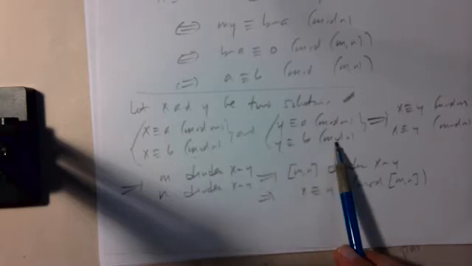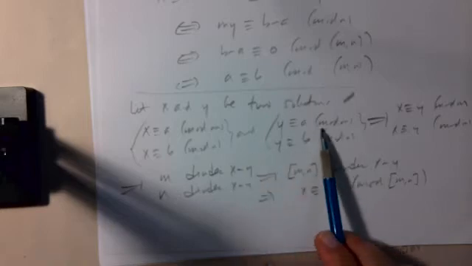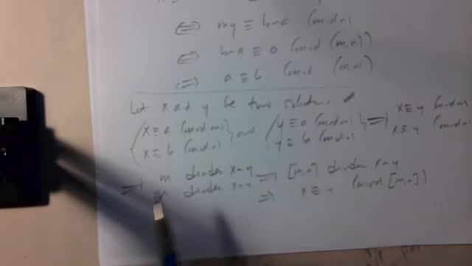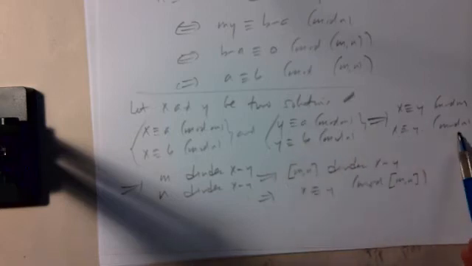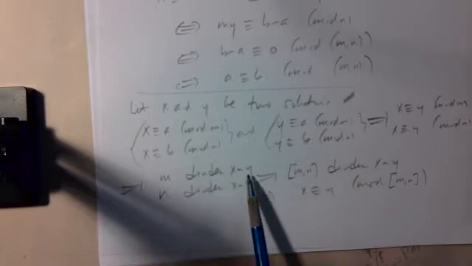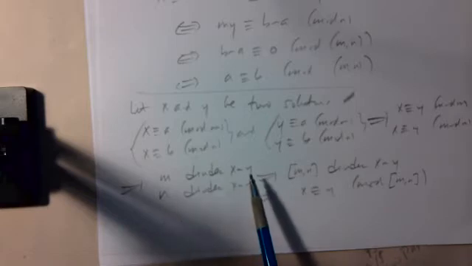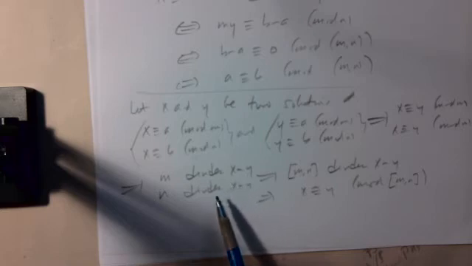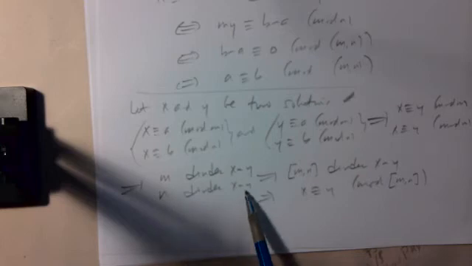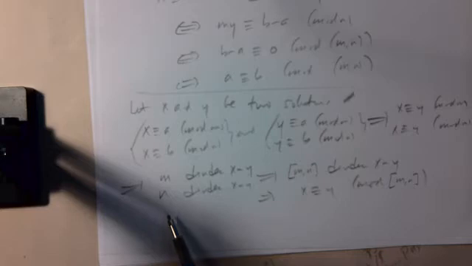So suppose y is another solution of these two congruences. So this says that x is congruent to y mod m, x is congruent to y mod n. This means m and n both divide x minus y. So x minus y is a multiple of m, and x minus y is a multiple of n.